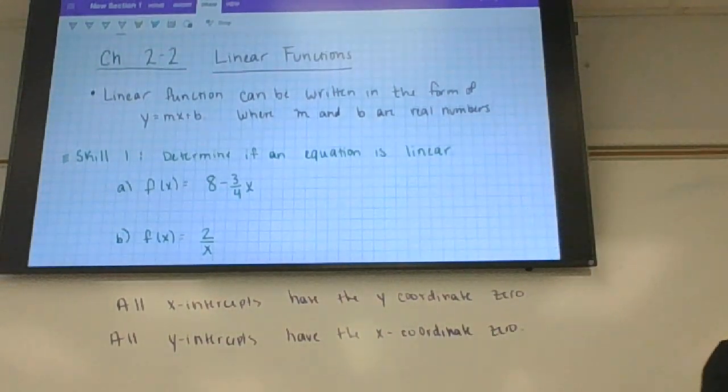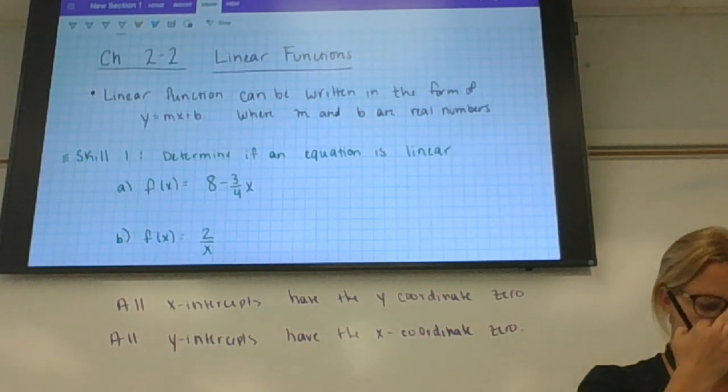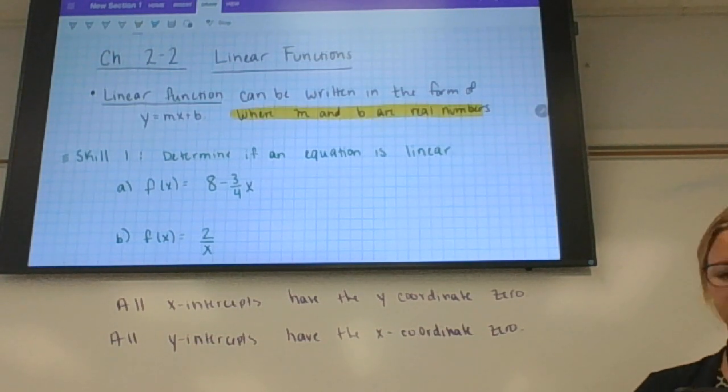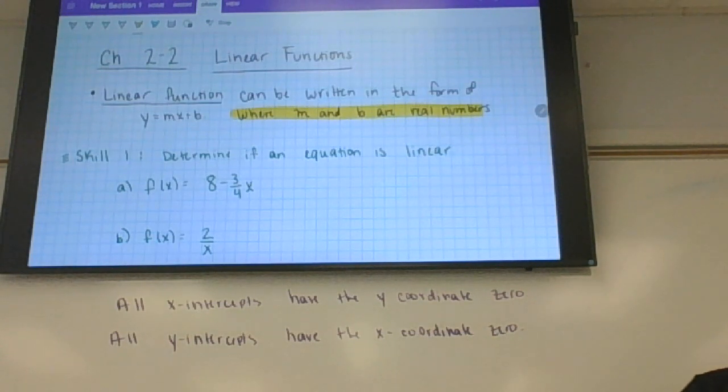We're starting out with a rule about linear functions. A linear function can be written in the form of y equals mx plus b, where m and b are real numbers.